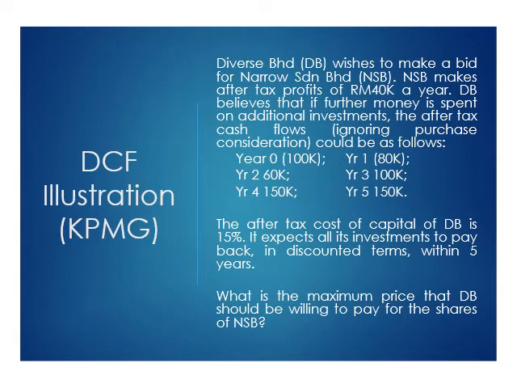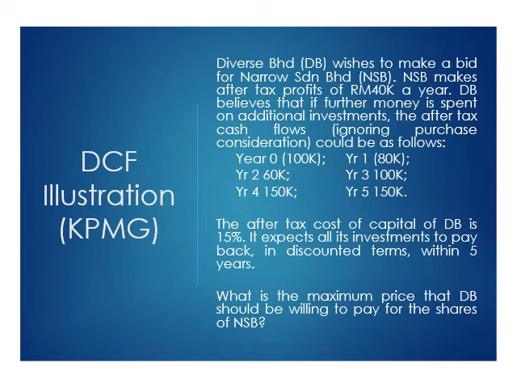DB believes that if money is spent on additional investments now, the after-tax cash flows for 5 years could be as shown. The after-tax cost of capital is 15% and the payback period is expected to be 5 years. The question is, what would be the maximum price that DB should be willing to pay for the shares of NSB? Give it a thought.